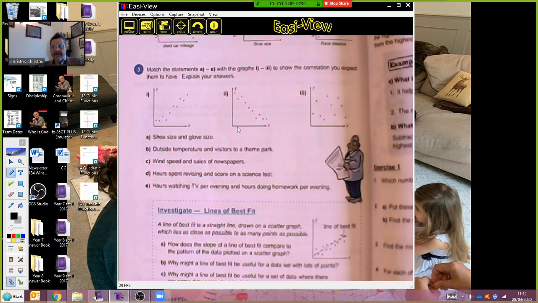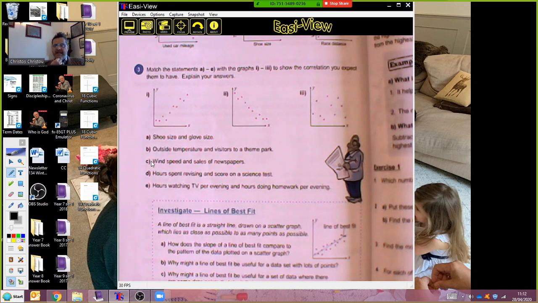So if this was along here, time spent watching TV, and here, time spent doing homework, you'd expect a negative correlation, because as the number of hours spent watching TV increases, it's likely you'll be spending less and less time doing homework. Is that clear? Good. All right, so that makes sense. You just need to write a short sentence, not a whole story about your life. Now back to C, sorry.